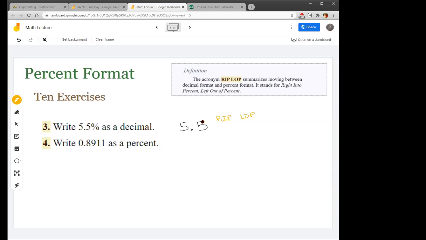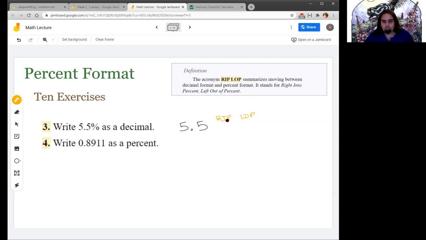We're not going into percent. We're going out of percent. We're starting in the percent and trying to get rid of it. So this is left out of percent. So 1, 2 to the left, we'll need a 0, and 0.055. I shouldn't have said don't. You were telling me.